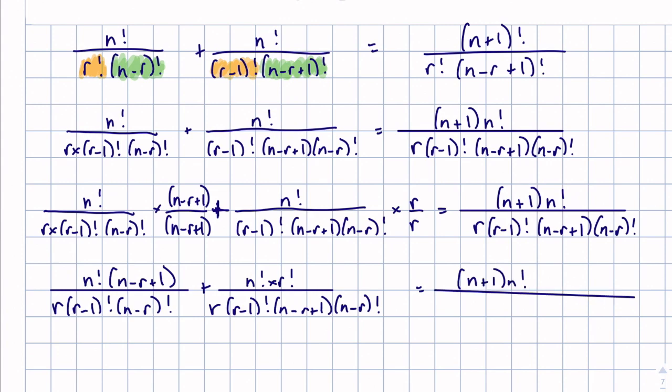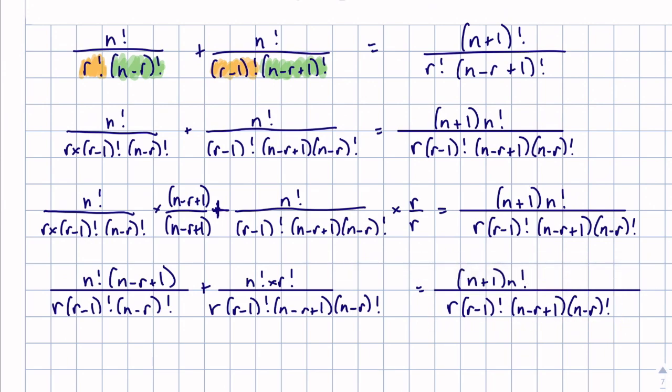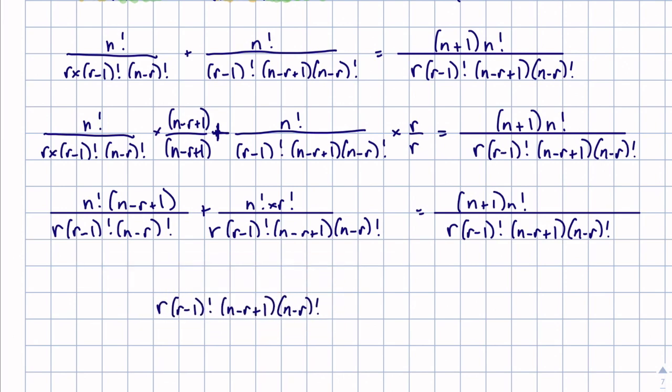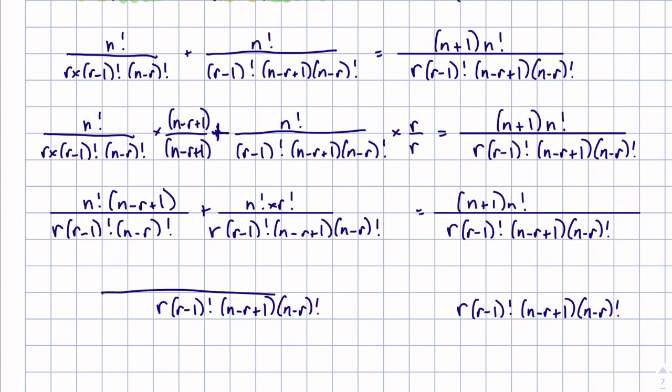I may end up putting that back where it went. I cannot be bothered writing this. So I've now got the same thing on the bottom of both sides of my equation. That's good. That helps me know that I'm on the right track.